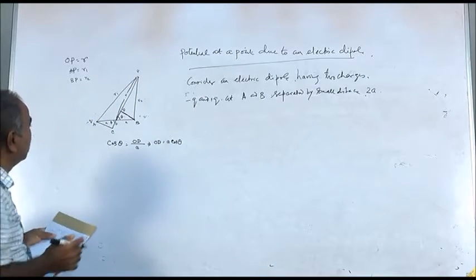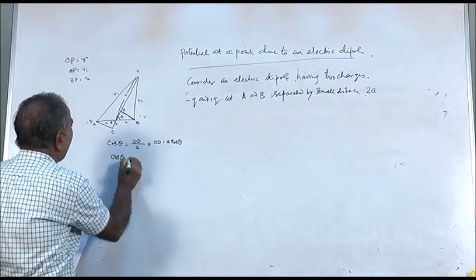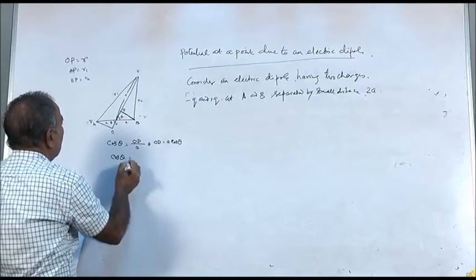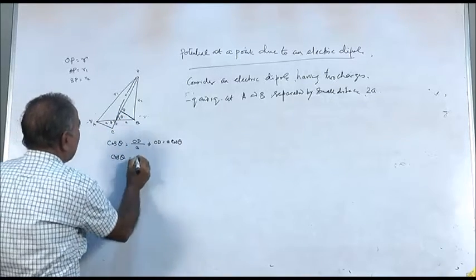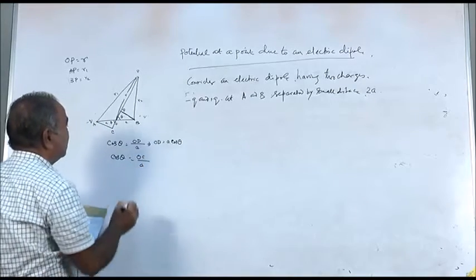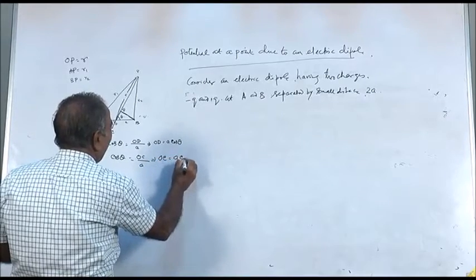And similarly, in this triangle, cos theta is equal to the base over the hypotenuse, so OC by AO, AO is a, or OC is equal to a cos theta.